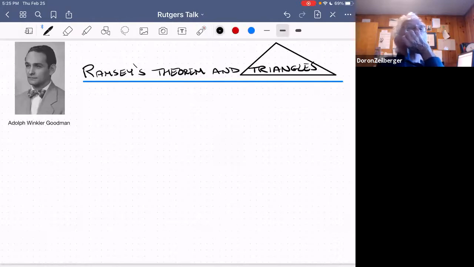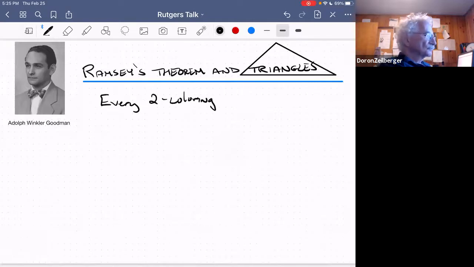So this one is every two coloring. So this is only restricted to two colors. Recently, somebody extended the argument to three colors, but that's difficult. And I think I'll do a brief sketch of the proof to show you why.